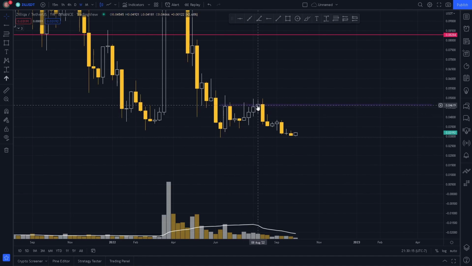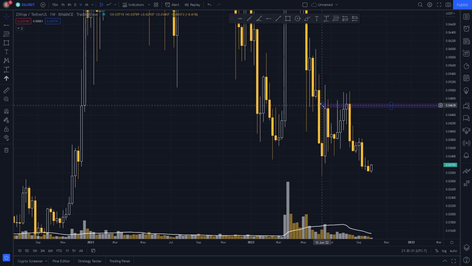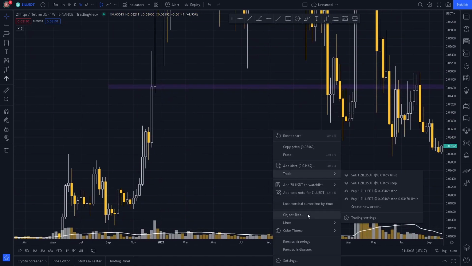In another attempt, we see a reaction with long wicks to our key level, but price followed through with a bearish momentum candle, falling back down. So let's actually extend this level all the way across and see what else we can find.